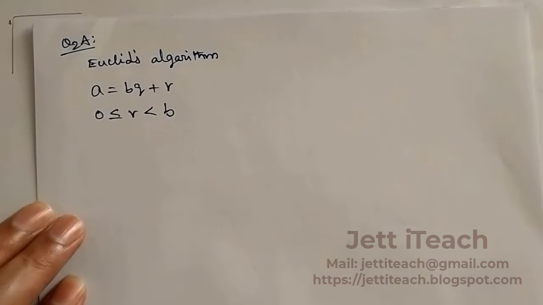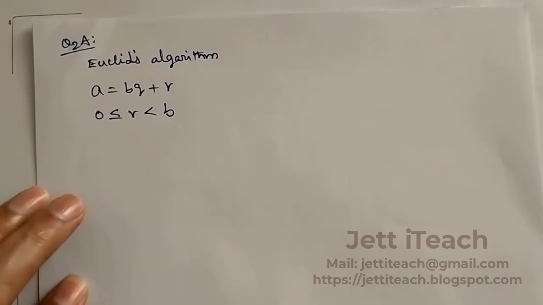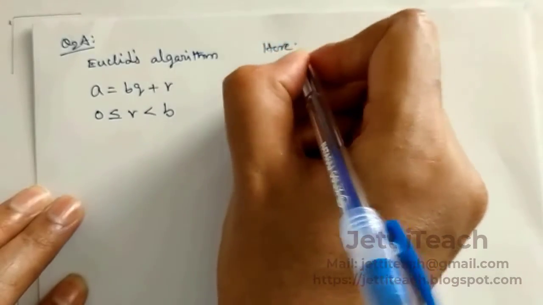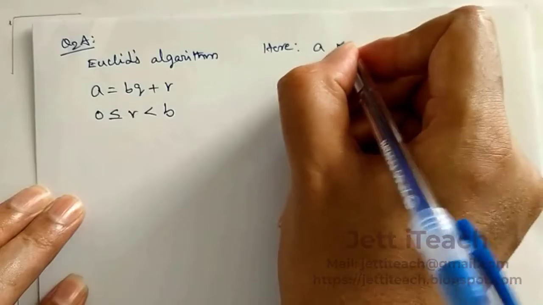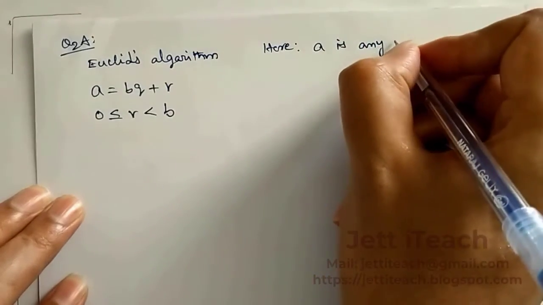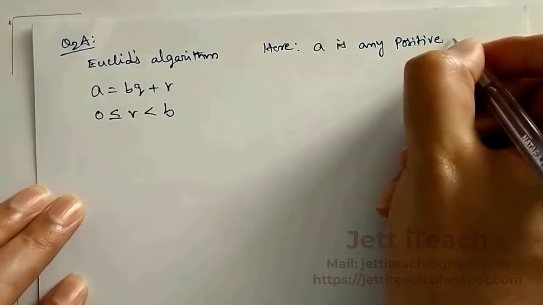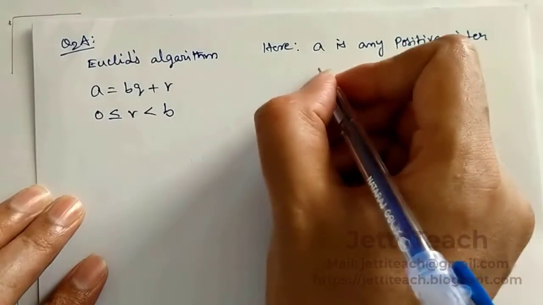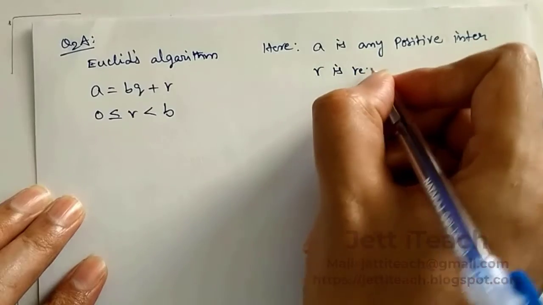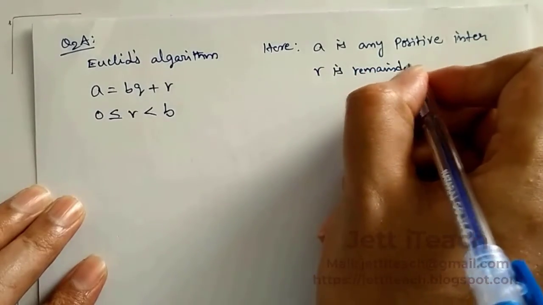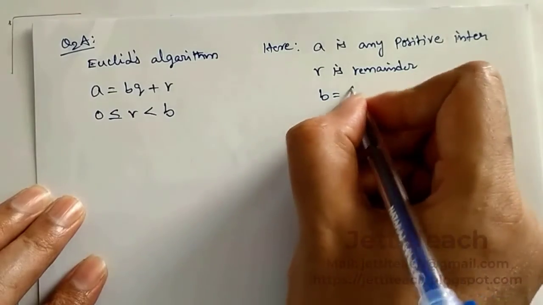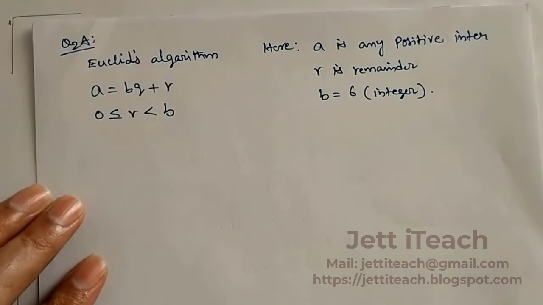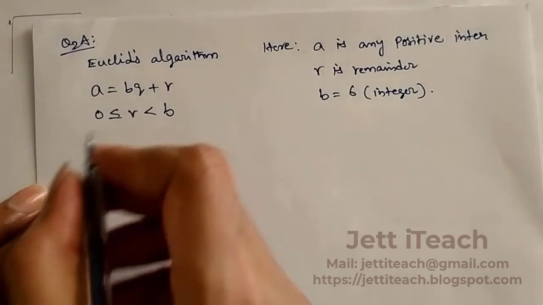So what is a here? a is any positive integer, r is remainder, b is 6. Okay, substitute 6 in this equation.